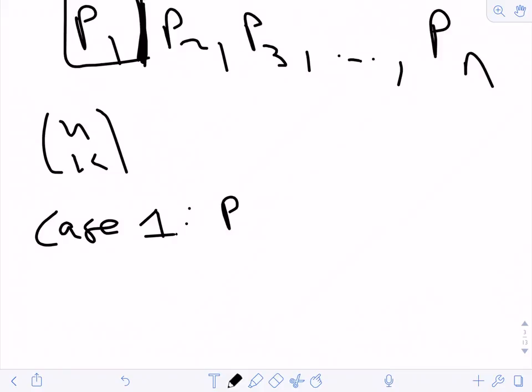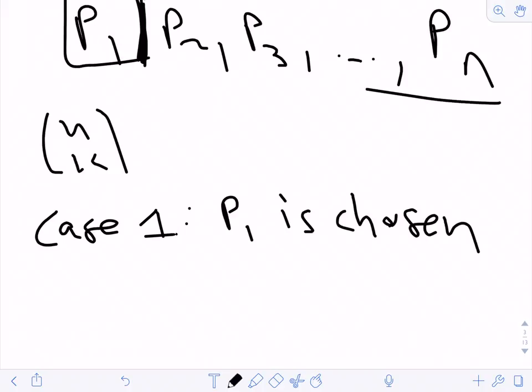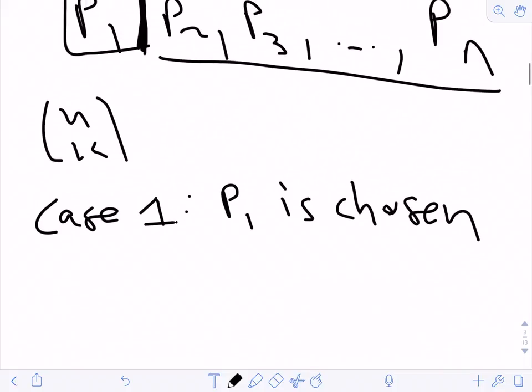So the first case is p1 is chosen. That means of the remaining n minus 1 people, we have to choose k minus 1 people so that together with p1 they form k people. So in this case, of those remaining n minus 1 people, you have to choose k minus 1 of them.